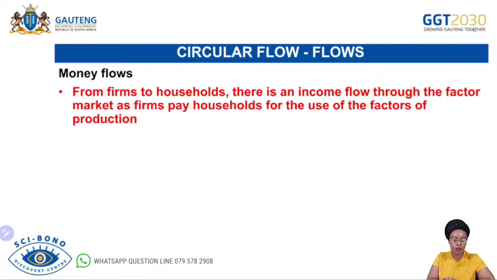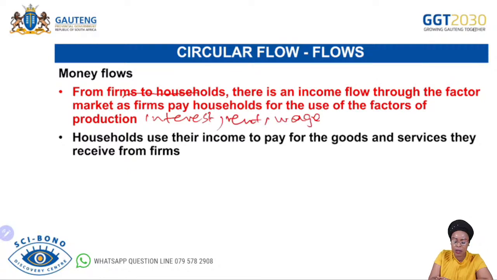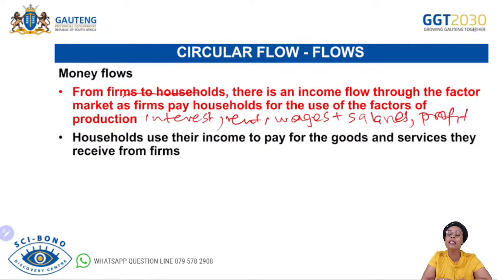So money flows from firms to households. There is an income flow through the factor markets as firms pay households for the use of factors of production, meaning the interest, the rent, the wages and salaries, plus the profit, and the profit will be a money flow.